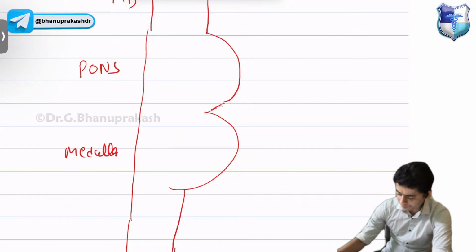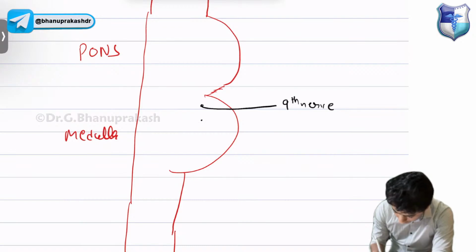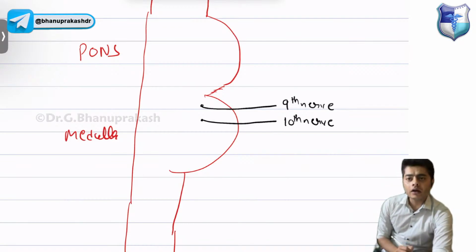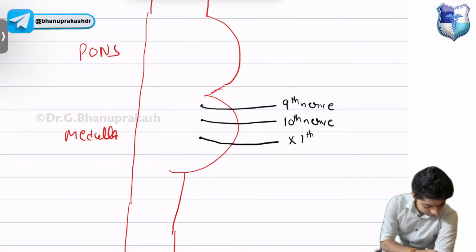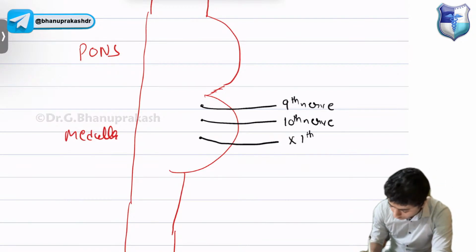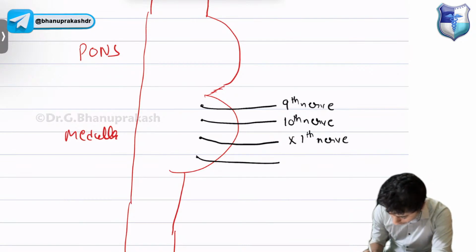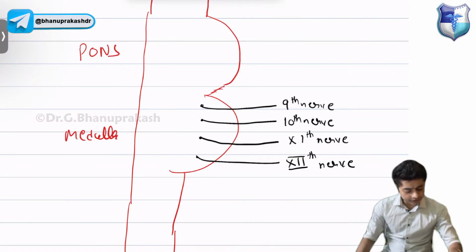And the nerves originating from here are your ninth nerve, your 10th nerve, your 11th nerve, and last is your 12th nerve. So all these nerves are leaving from here.